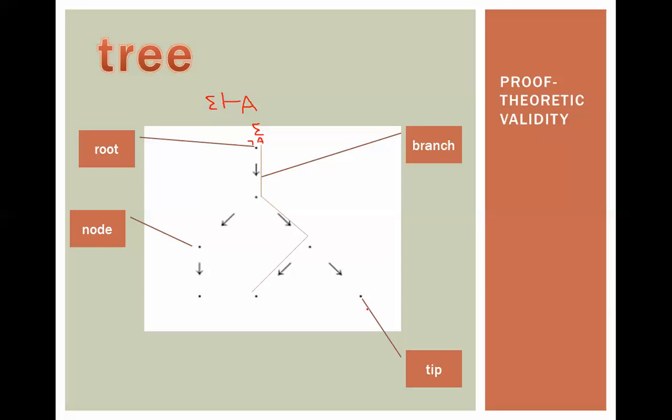At the tip, sometimes it'll close and we'll put an X, and sometimes it will be open and we'll leave it open. I should have said, really, a whole branch is from the root all the way down to the tip.